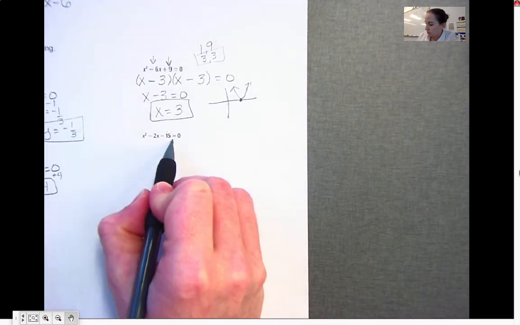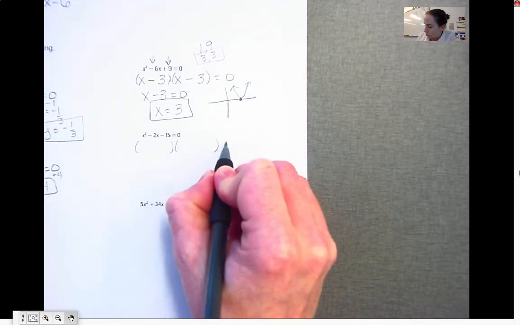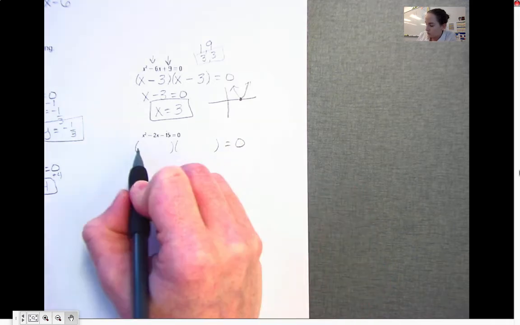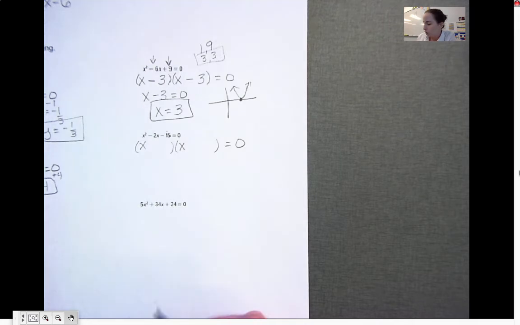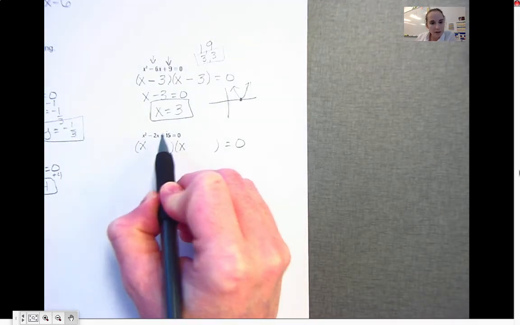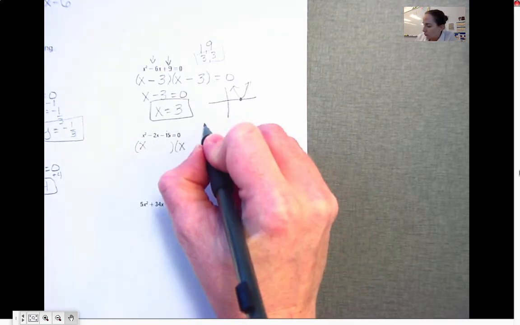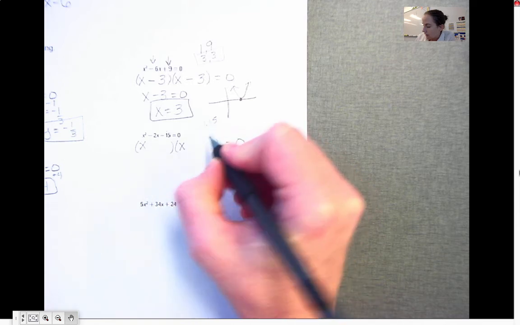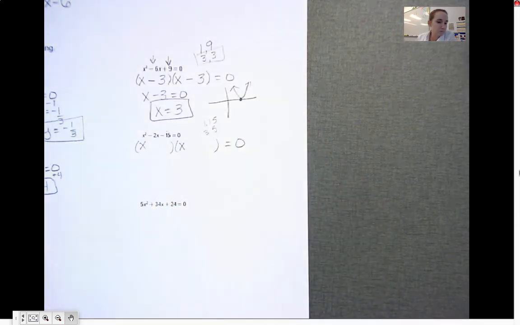All right, let's try this one. Again, the leading term has a 1 in front, and so we just say x and x, because x times x will give us x squared. We're looking for something to give us 15 when multiplied, negative 15, and a negative 2. So we can think 1 and 15, or 3 and 5, and that's about all.